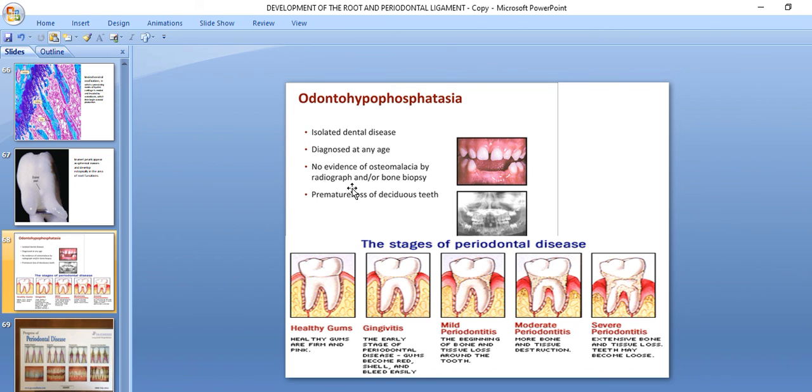The lack of attachment of periodontal ligament fibers to the residual cementum is associated with premature loss of the deciduous teeth. In such patients, any orthodontic treatment is likely to be accompanied by the premature loss of any permanent teeth required to be removed.